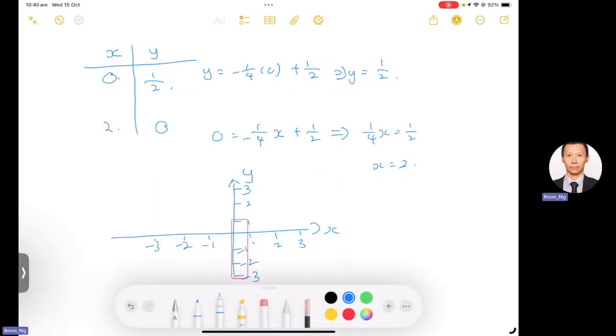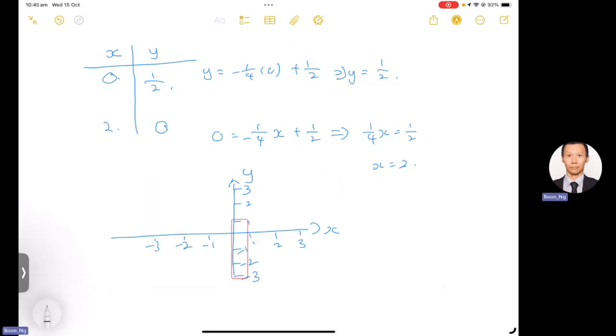All right, then the last step would be to label the 2 points. 0, half is here. 2, 0 is here. So we just need to connect those 2 points.